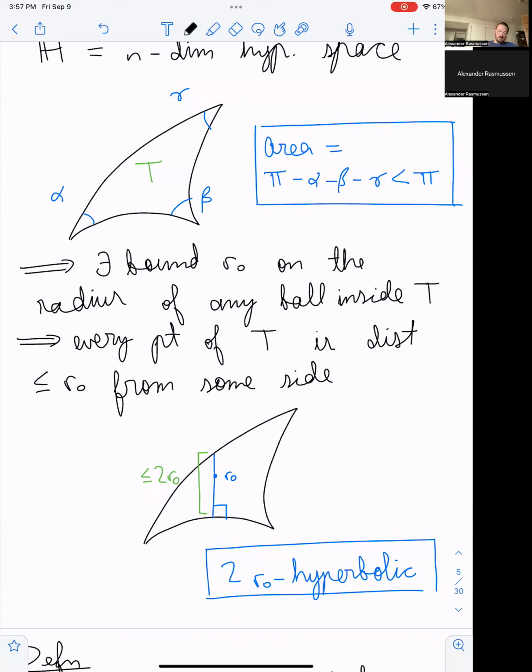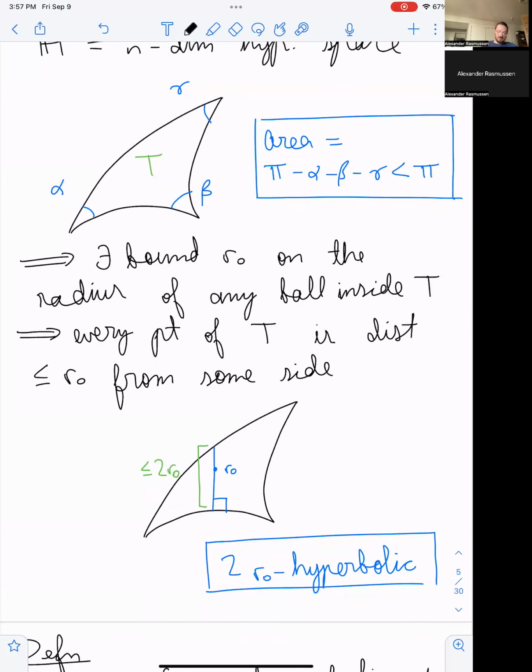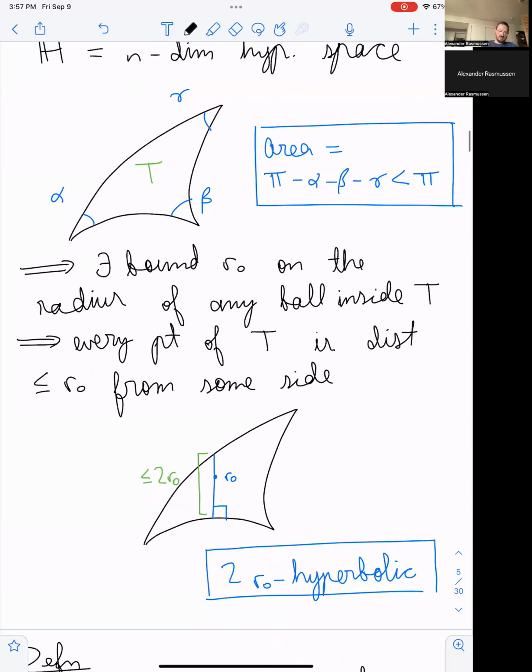And why does this tell us that our space is hyperbolic? Well, let's go back to the definition. We need to pick one side of this triangle and show that it's uniformly close to the union of the other two sides. So let's pick this side, and then we have to pick some point on this side and say it's uniformly close to one of the other two sides.